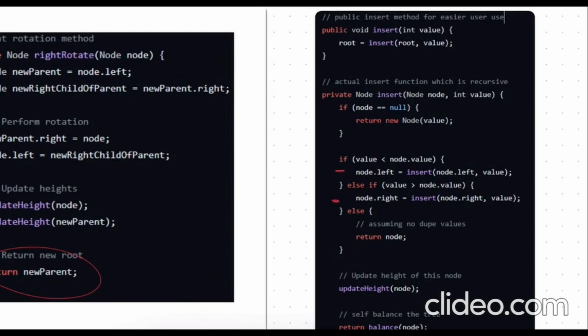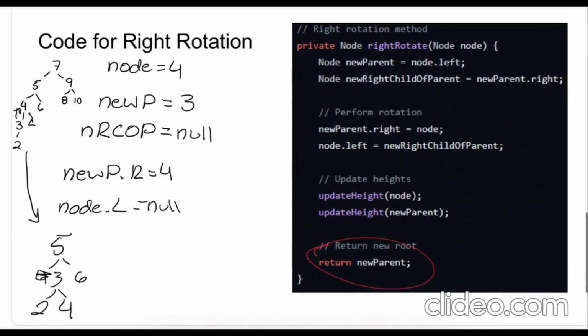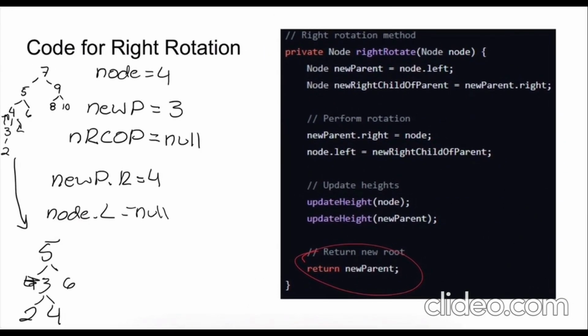So as it's going, it's implicitly assigning child references. And also, even though we see that our tree is going to be balanced after this rotation, it still is going to check the balance of 5 and still checks the balance of 7, right? It goes up the tree until it hits the root of the tree.